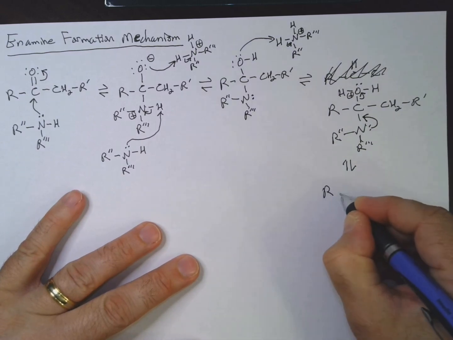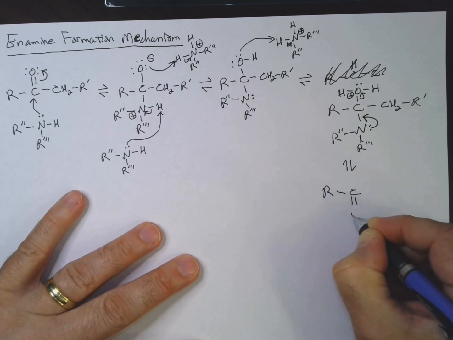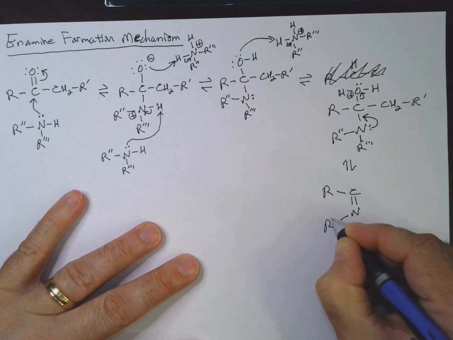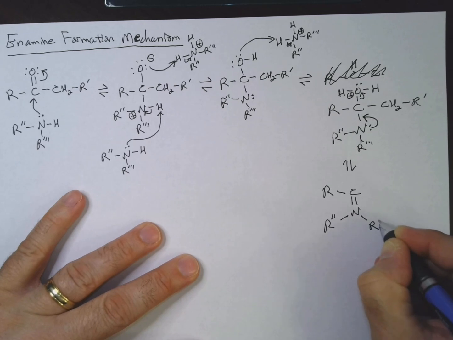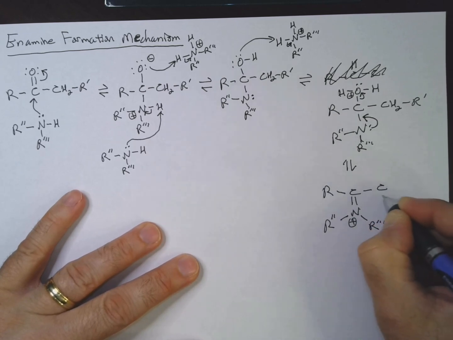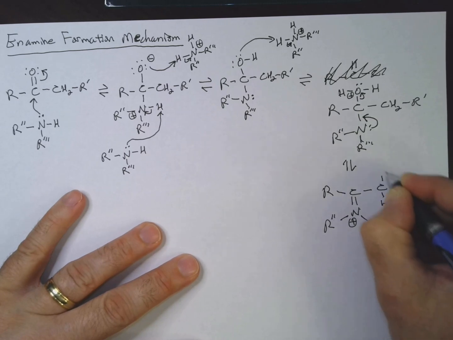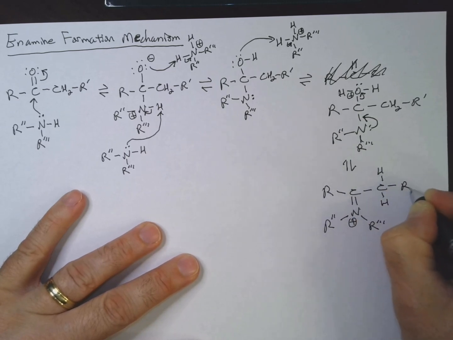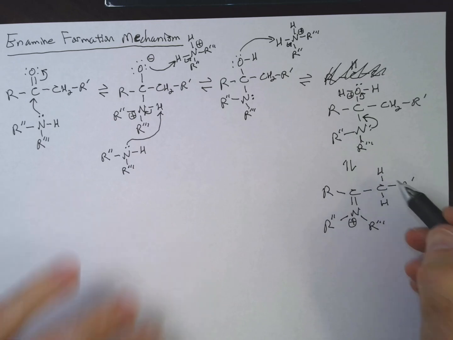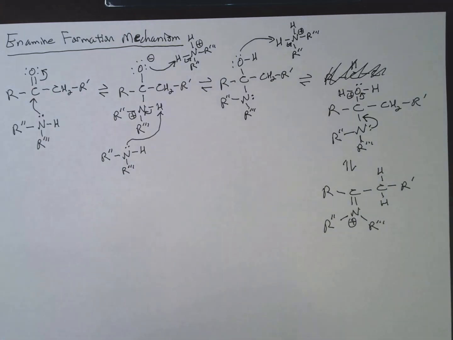And that gives us now R, C, double bond N, R double prime, R triple prime, positive charge there, C, H, H, R prime. So now I'm drawing this out because our last proton transfer is different.